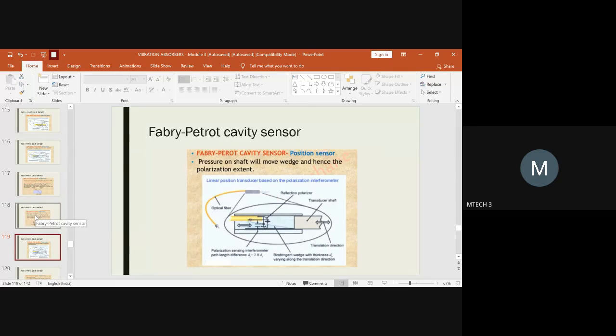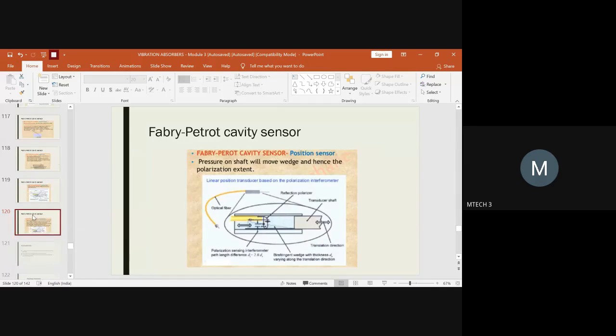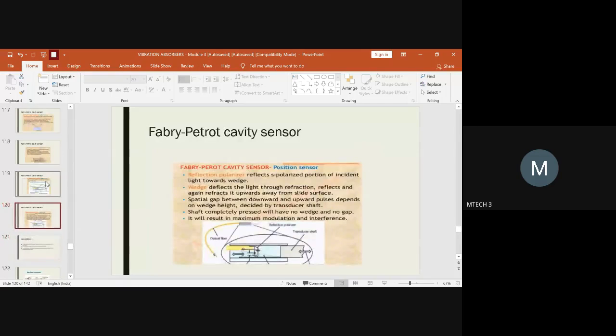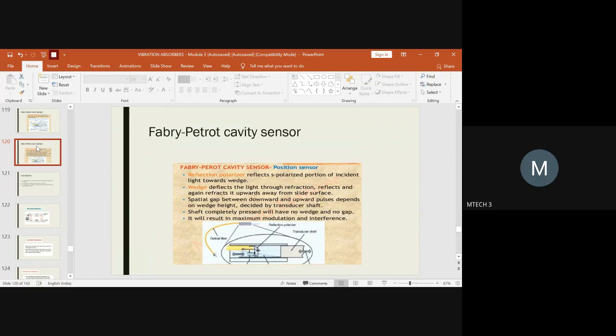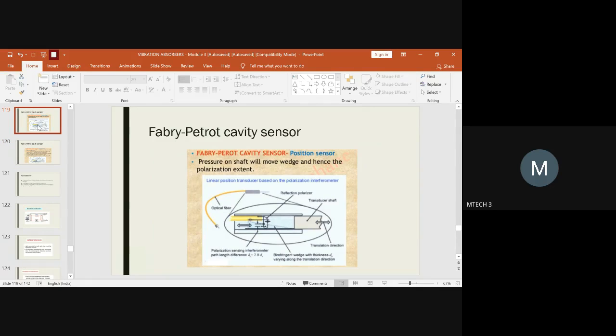Now, after knowing the concept of the Fabry-Perot cavity sensor, you should mainly know what its applications are. In your syllabus they have mentioned sensors associated with optical fibers. Mainly we have two types of sensors that we have dealt with in depth.